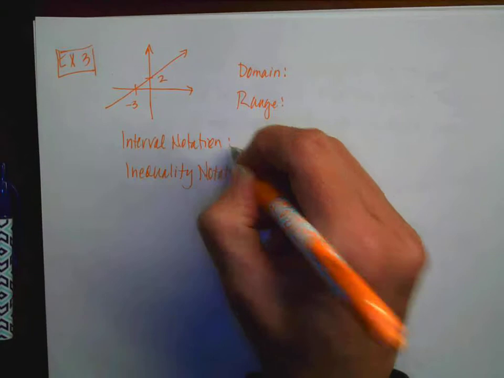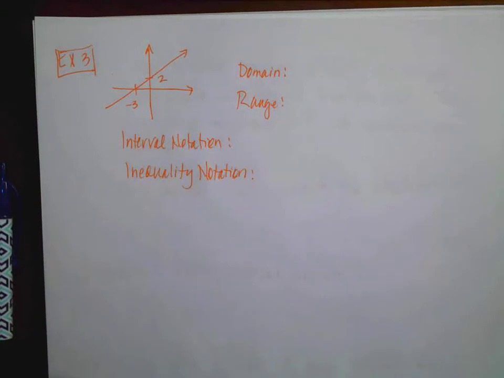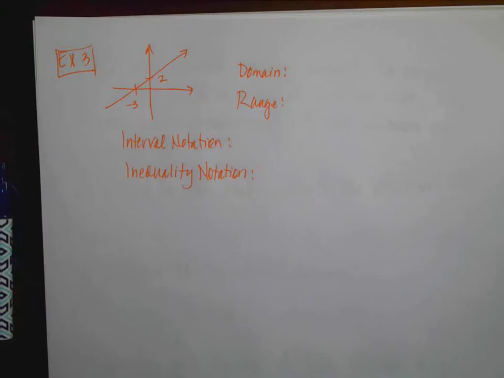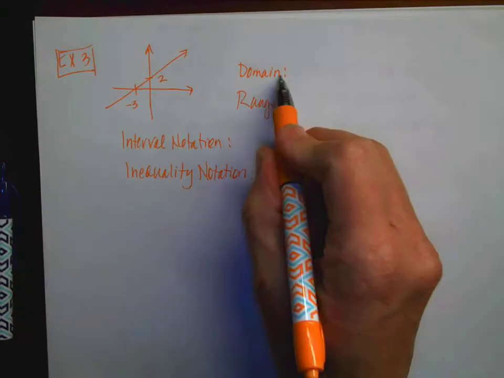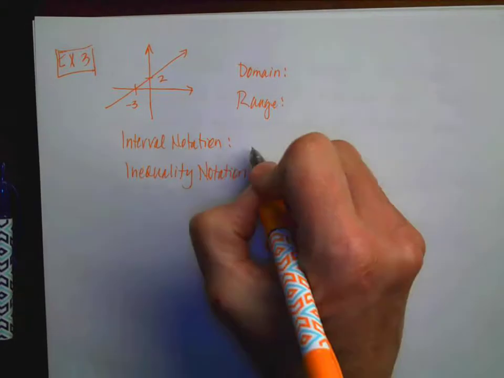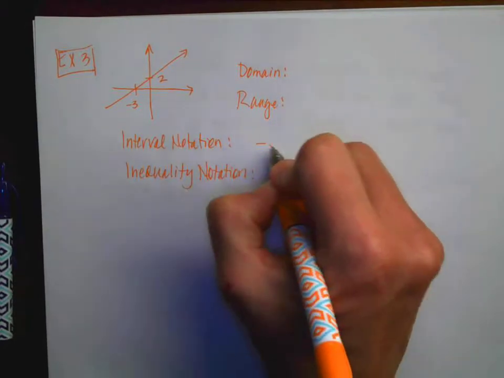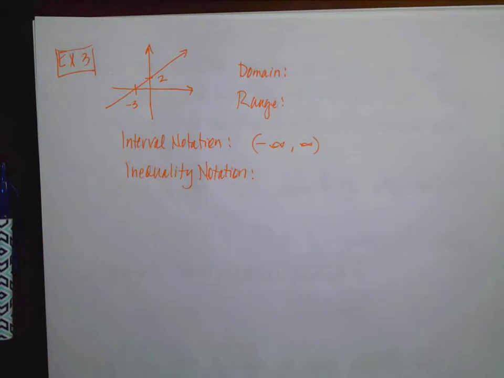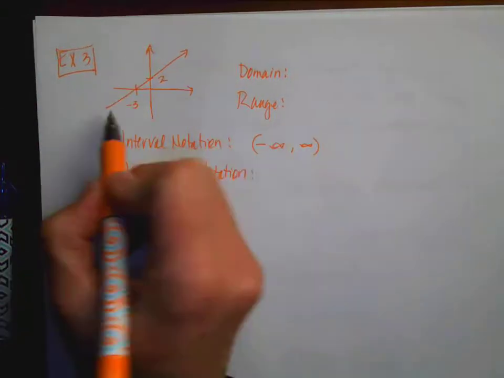If we're not listing our domain and range in a set, then we need to use either interval notation or inequality notation. So for this particular domain, I'm going to say that the interval notation is negative infinity to positive infinity. And let's go back and talk about what this means.